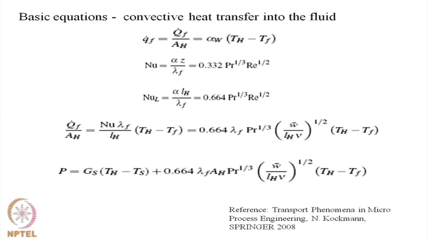So, the total power dissipated by the heater is given by the last equation in terms of all the quantities which can be measured. The temperatures to be measured are the temperature of the heater and the temperature of the solid, and the rest are dependent on the velocity and the thermophysical property of the fluid.